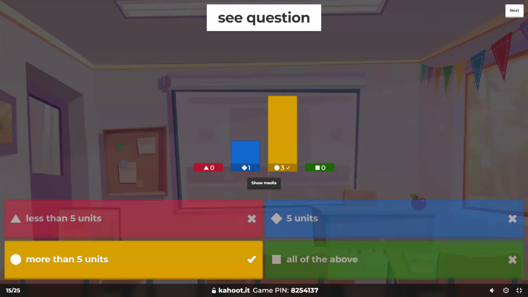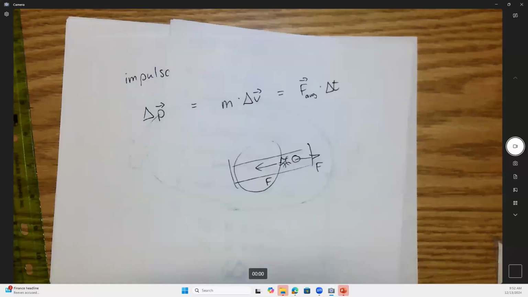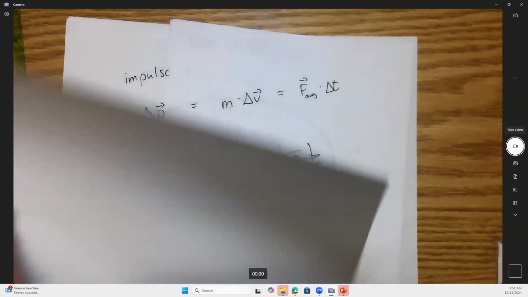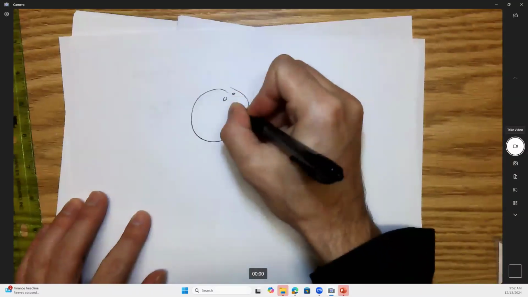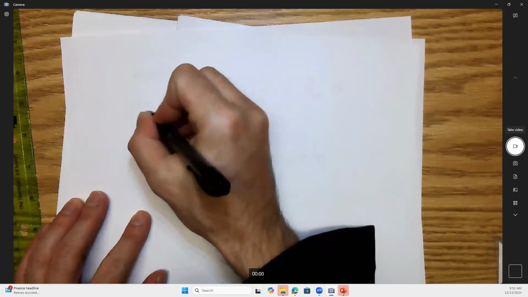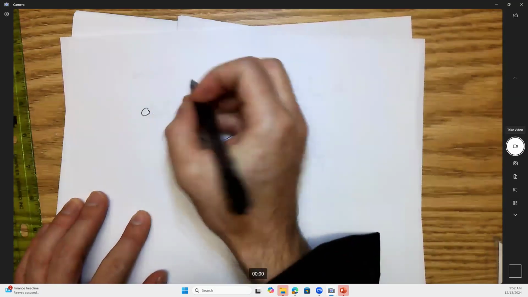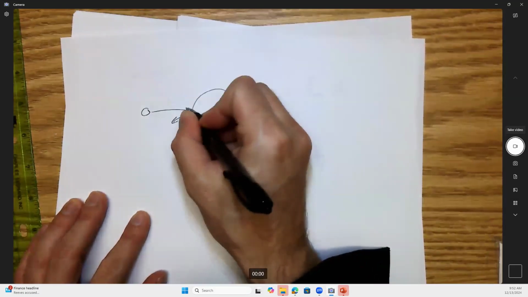Let me draw that up. Here's your bowling ball. Here's your bouncy ball coming in with 5 units of momentum. Boing, something like this.